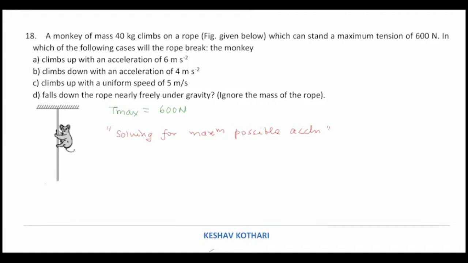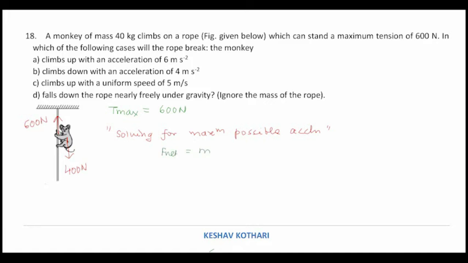Newton. So a tension of 600 Newton is acting in the upward direction, and the weight of the monkey is acting in the downward direction, that is equal to 400 Newton. To calculate the maximum acceleration which the monkey can attain, we write F net is equal to ma.